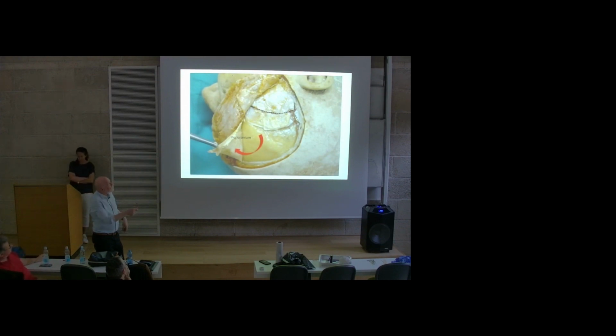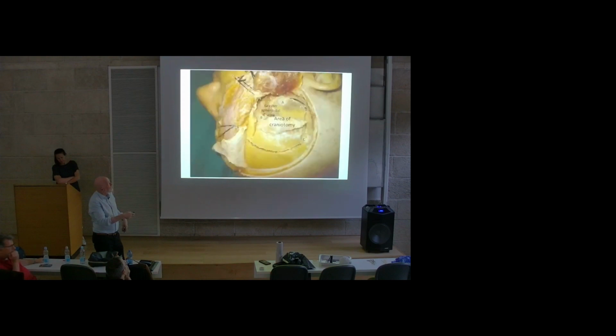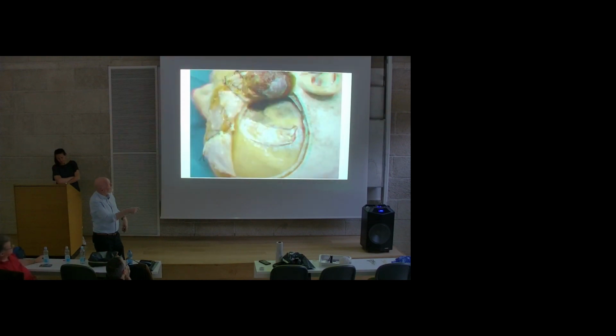So we make the skin incision. We expose the temporal muscle. Now we remove the temporal muscle and flatten it. Then we have exposed the bone, the temporal line, and here is the pterion. Here is the attachment of the clinoid process, and this is the division of frontal to temporal.